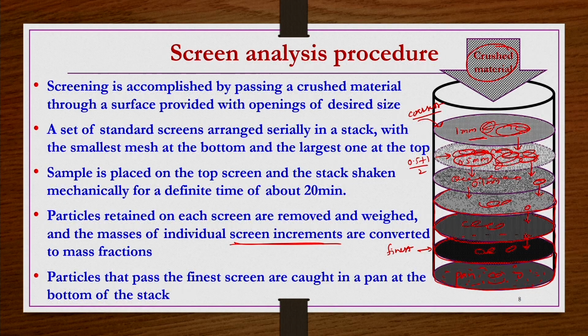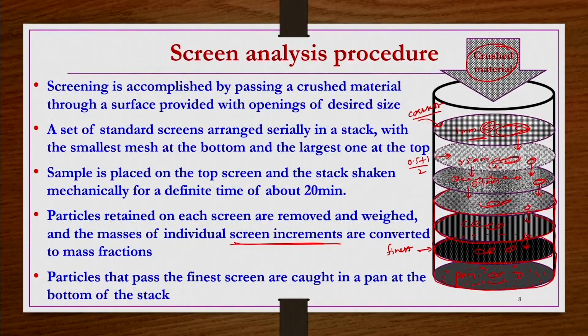Now, is it true that for this 0.5 mm screen, the entire sample retained there has a size range only between 0.5 and 1 mm? That is not true in general, because you take a solid sample with so many particles.